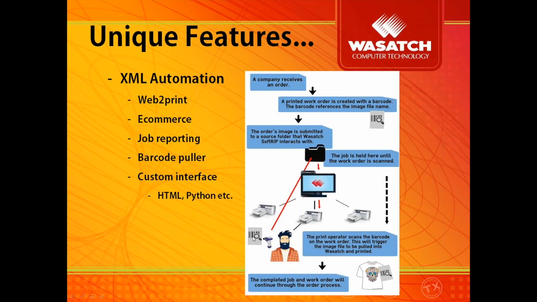The operator only has to know how to scan a barcode, and the correct file is going to get printed. We can add barcodes as well for down the road, the next step in shipping. Shipping personnel can scan a barcode and have that specify where a file or where the job needs to be shipped. Okay, so helping you improve your bottom line, make things work more smoothly, and getting work to where it needs to be.